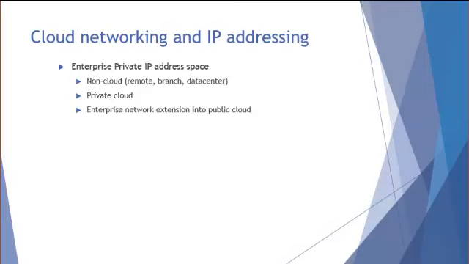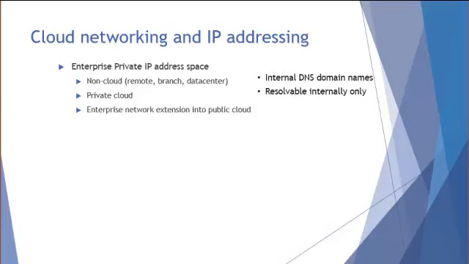So that also would typically leverage your enterprise private IP space. And then again, your enterprise extension into the cloud, the public cloud. So that line along the bottom of the chart we saw going from the enterprise to the public cloud, where you're still managing your own address space, your own private space, but it's within the cloud resources.